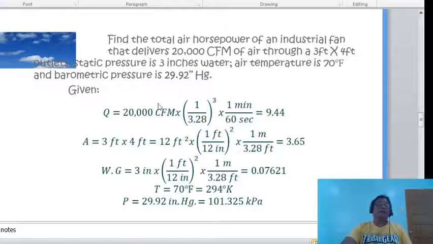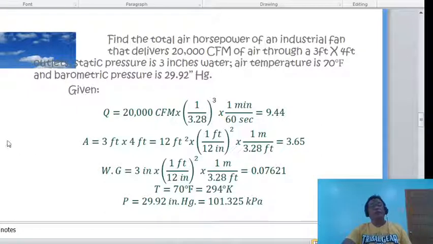The given now, class, and then converting it: 20,000 CFM, changing feet to meter, and minute to second, so that is 9.44 cubic meter per second. For the area of the air passage, that is equal to 3.65 square meter.